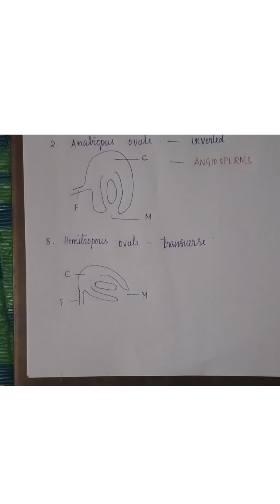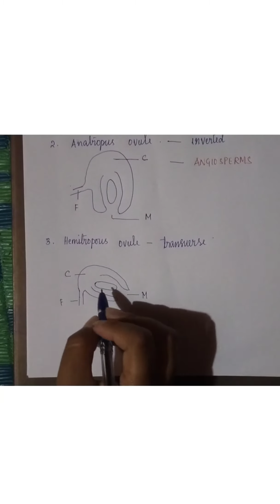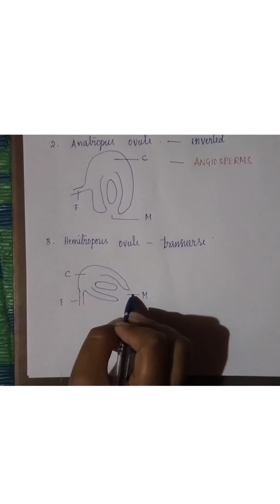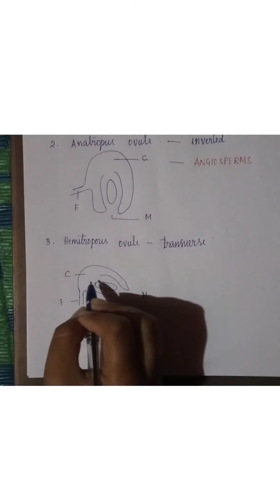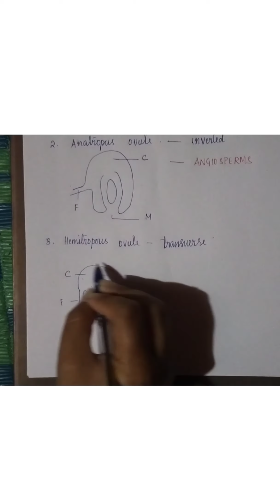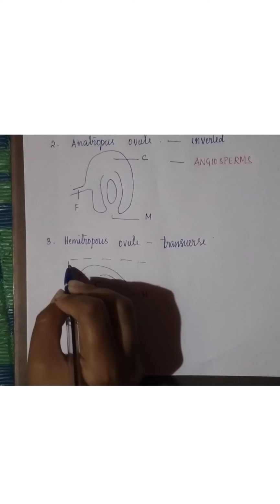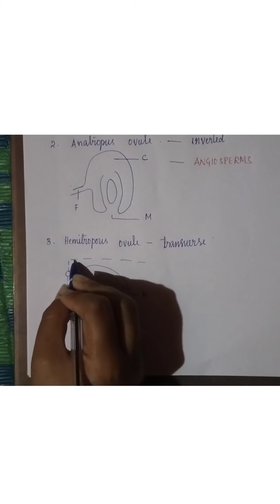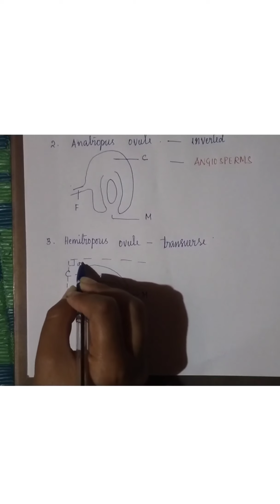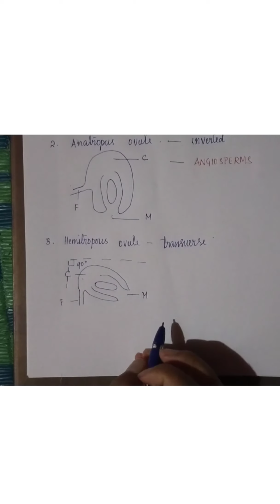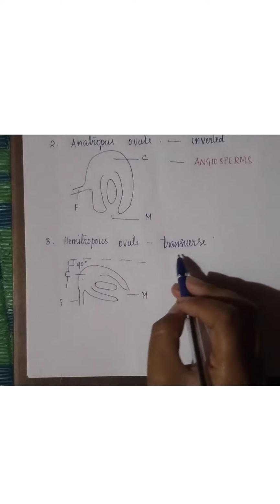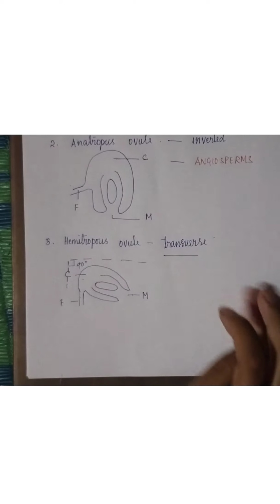It is transverse, and the micropyle and the chalazal are in a straight line, and it makes 90 degrees with the funicle. That is why it is a transverse type of ovule.